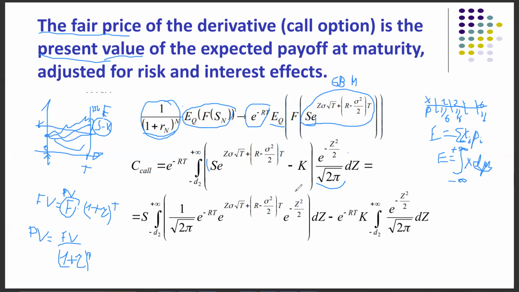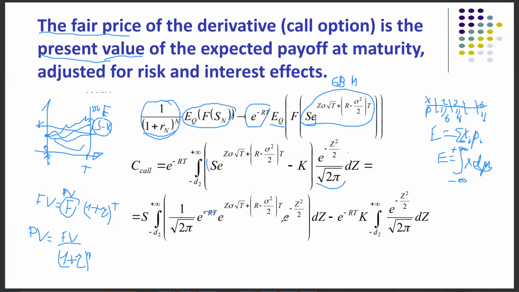After that, we can write the difference of integrals, and e to the power minus rT we write under the integral, but S before the integral. You see that it will be minus rT plus rT.